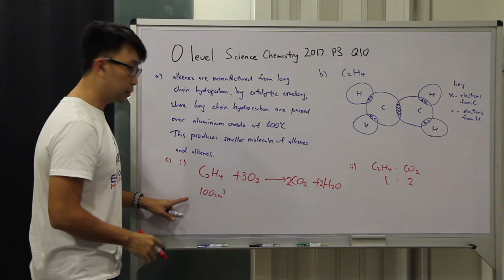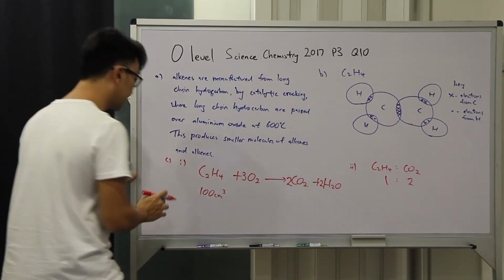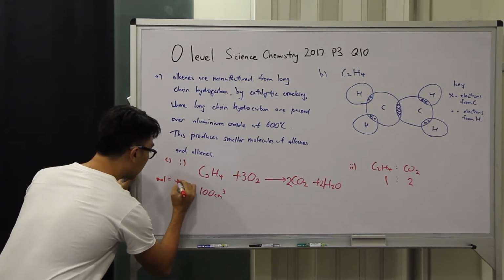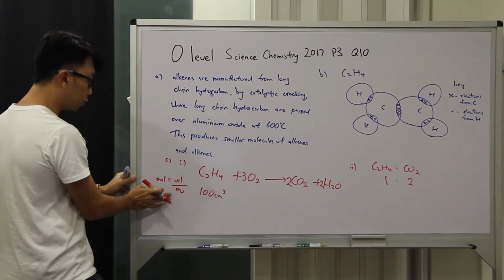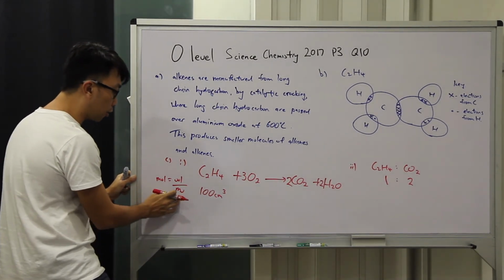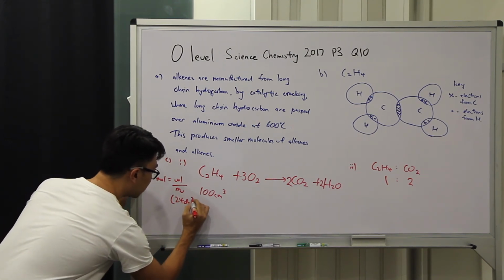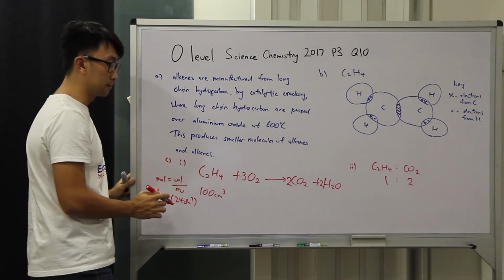Okay. If we recall the formula of the mole for gaseous product, mole equals volume divided by molar volume. So if you can understand, since the molar volume is a constant at 24 dm³, the mole ratio will be equal to the volume ratio as well.